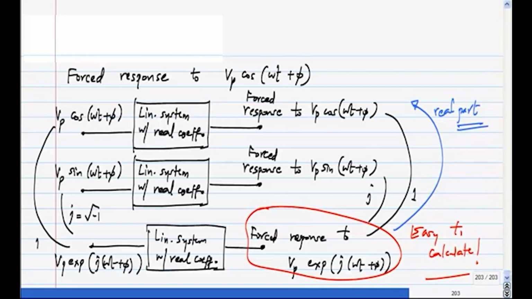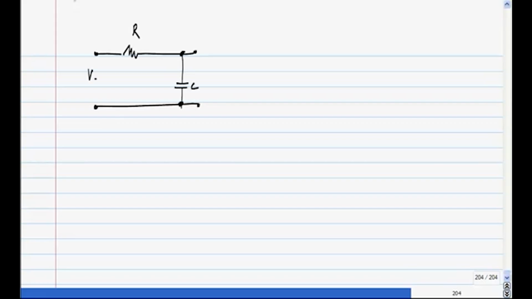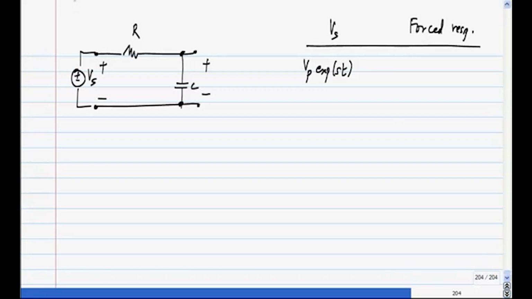And for our particular circuit, what did we get? If I apply Vs here, I'll get some response. If Vs was Vp exponential st, what was the forced response?